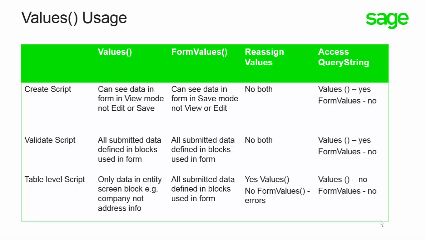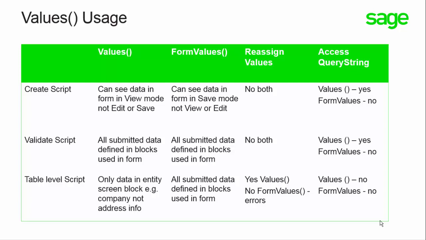So if we're working with create scripts, then we may want to look at the scope of reference to include environmental information. We know that we can access values in the URL for the record that is in context, and we've seen get context info to allow us to do that. But what about if we want to access some of the values that are responsible for drawing the screen?